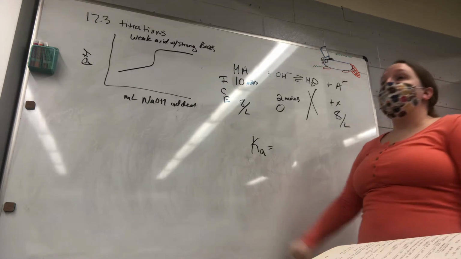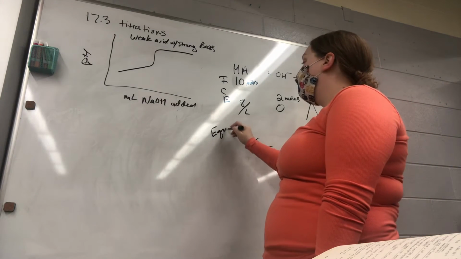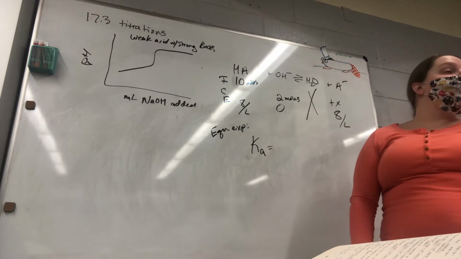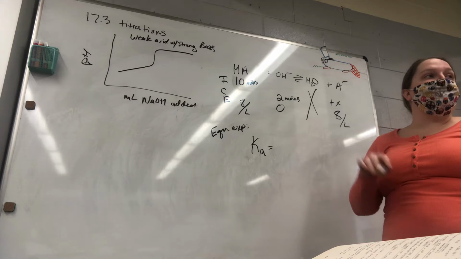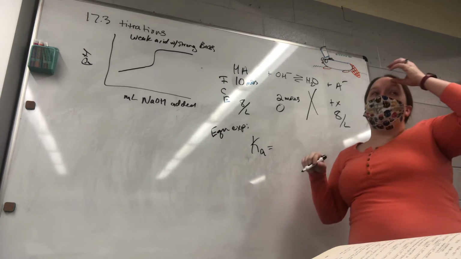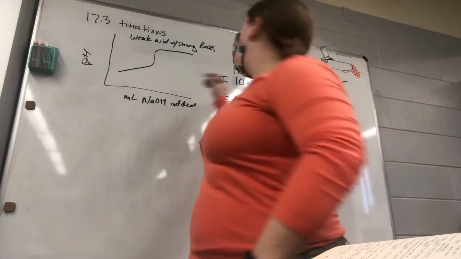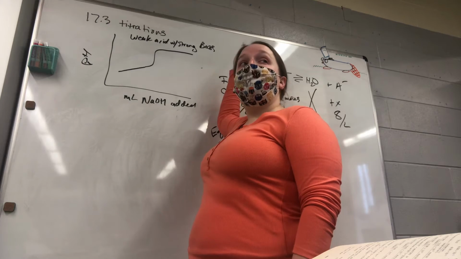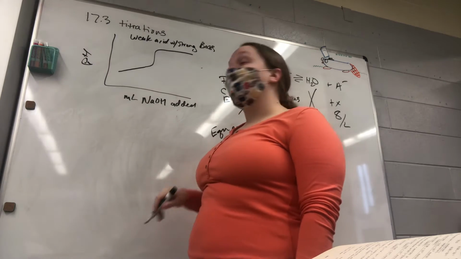And then we use an equilibrium expression. Since we're dealing with a weak acid, we're going to use the weak acid's Ka expression. In that particular case, what would the normal Ka expression be? Do you get it from here? No, you do not. This is not the weak acid dissociation. This is the part that's different.